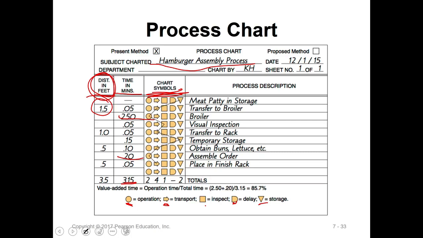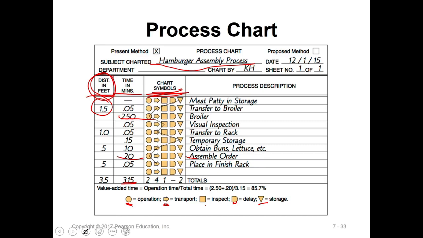Here it is assembly, the order, and then 85.7%. Actually, the efficiency is not so bad. That means your operation time is still the majority part of this assembling process. But there's still room to reduce waiting, reduce storage, reduce transportation.